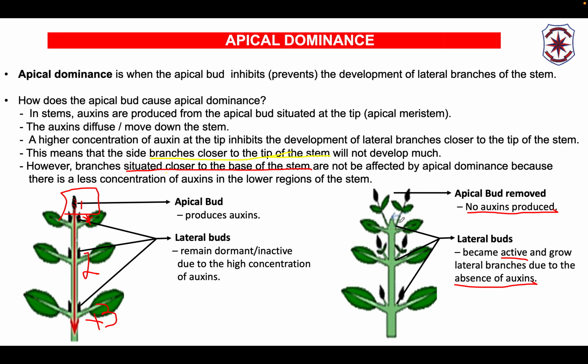I hope this makes sense. Please, firstly, you must know the definition of apical dominance, and secondly, you must know how apical dominance occurs by the presence of auxins.